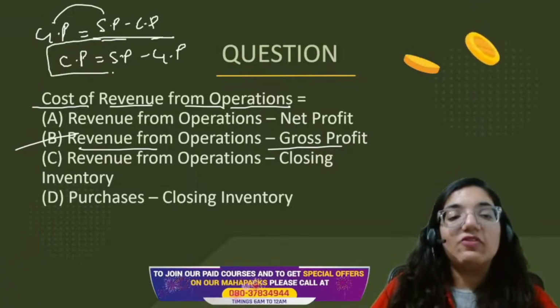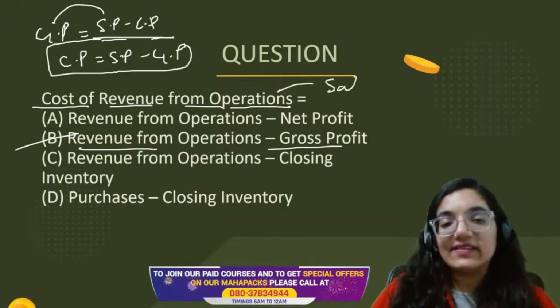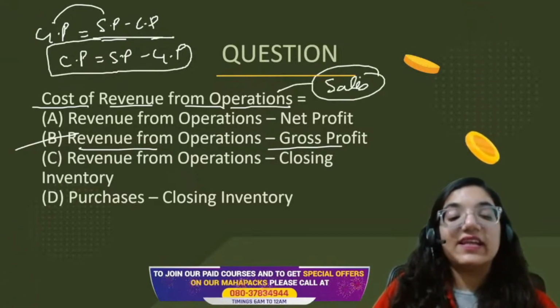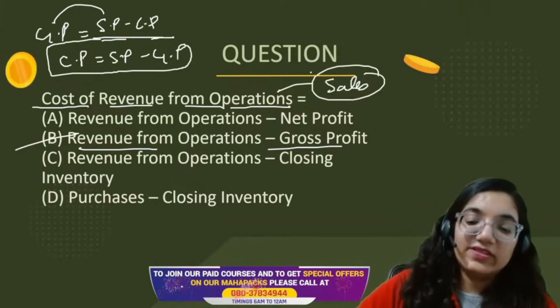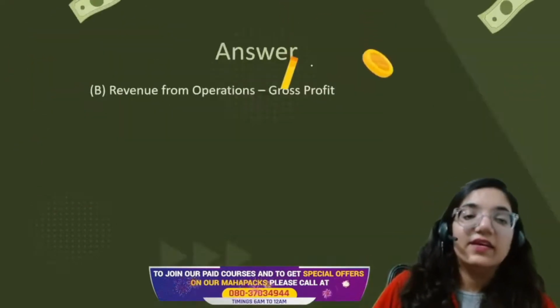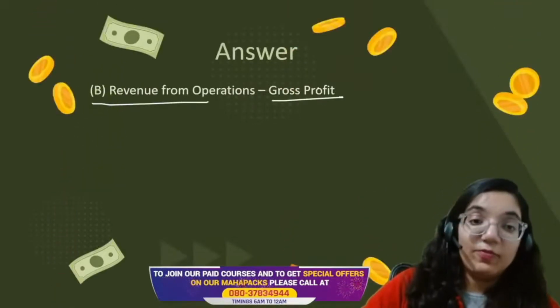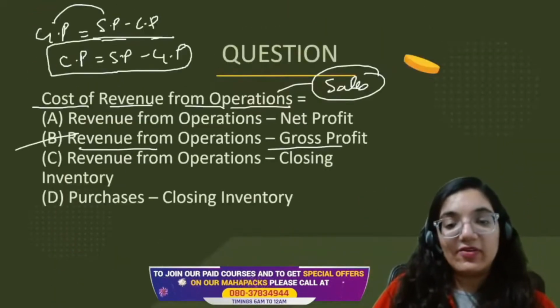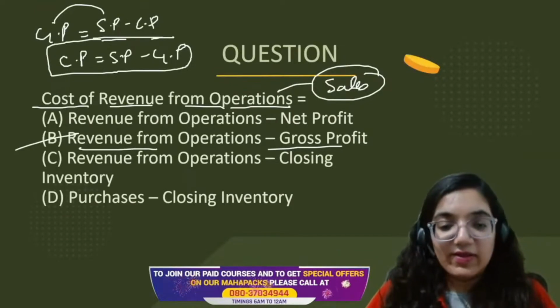So here revenue from operations is specified as sales. This is the net sales of the organization everyone. Okay? So in this case the correct answer would be revenue from operations minus GP. I hope you have got the answer everyone. Please keep an eye on it. Please check it out. And this is it for the day everyone.